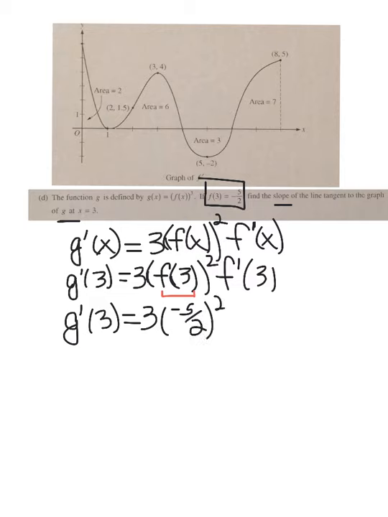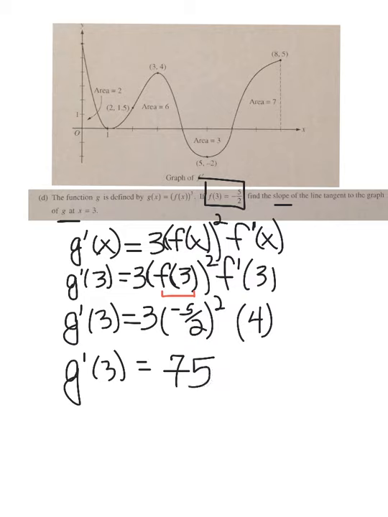Okay, now f prime of 3, well, this is the graph of f prime. 1, 2, 3, follow it up, and that's 4. So then we know that that's 4. Okay, why don't you take a minute, pause me, and see what you get. All right, that's what I have, 75.